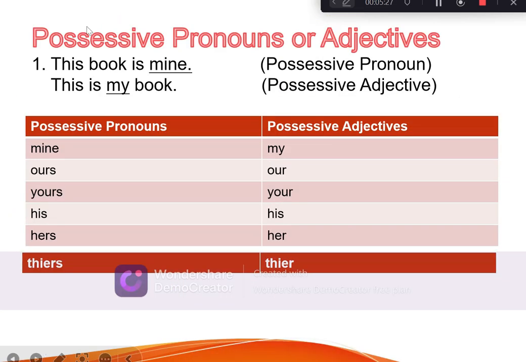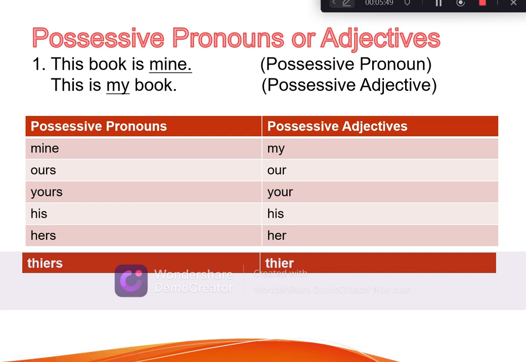Look here, possessive pronouns and possessive adjectives. Look at the pair of sentences. This book is mine. The underlined word mine is a possessive pronoun. This is my book. The underlined word my is a possessive adjective because it is followed by a noun, which is book.